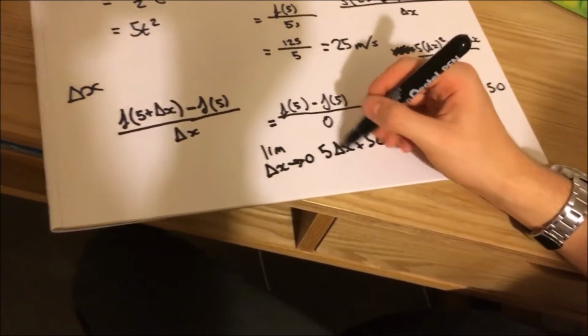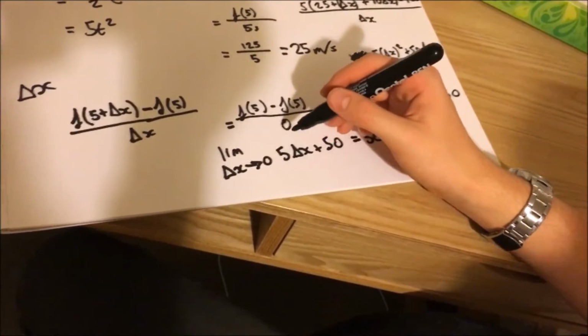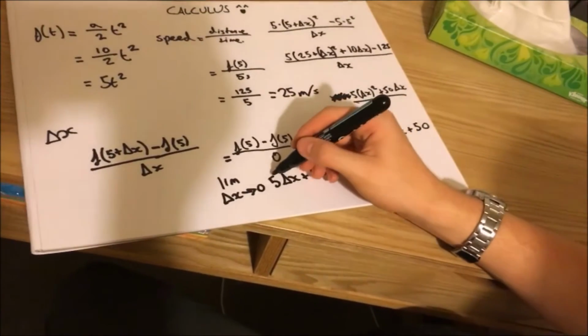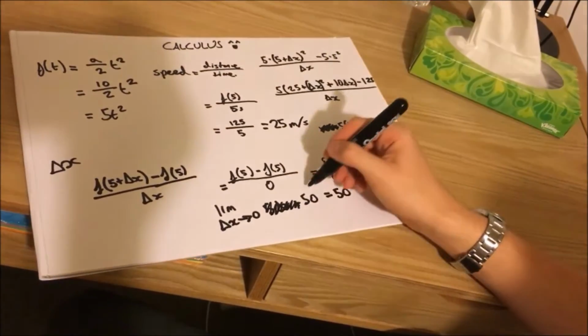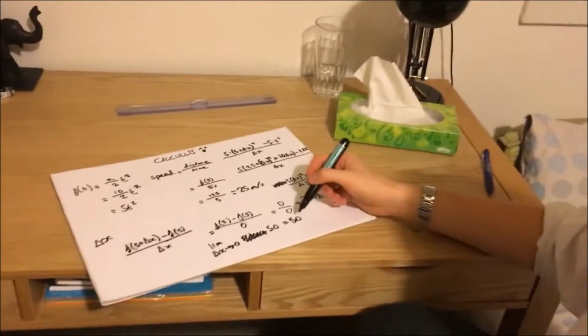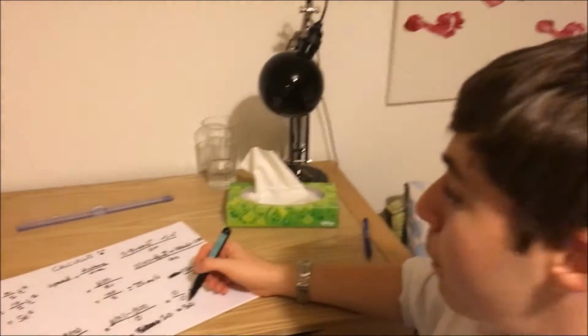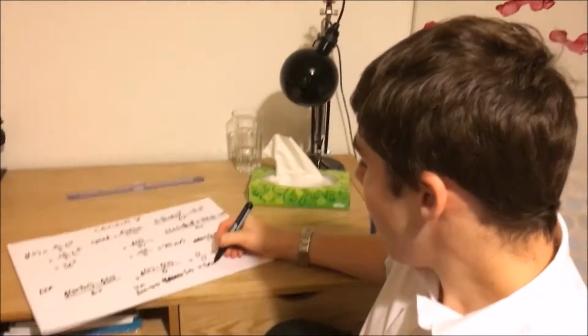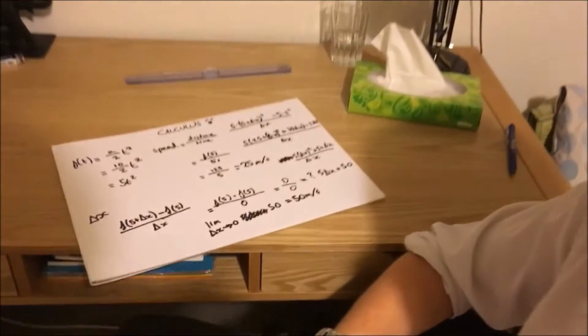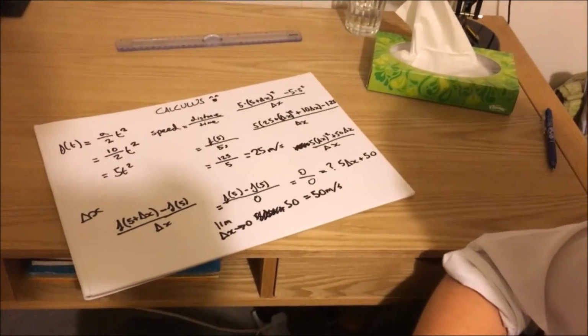Because as delta x gets really close to 0, multiplying it by 5 will make no difference anymore, and this term will be cancelled out, leaving just 50. And this is double the speed that we had up here. So now, his exact speed after 5 seconds will be 50 meters per second, not 25 meters per second.